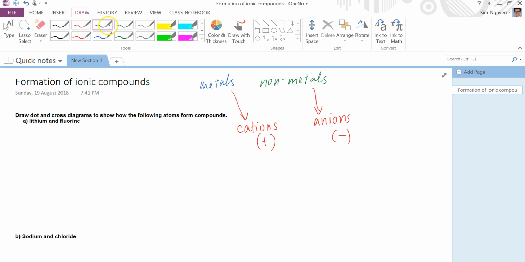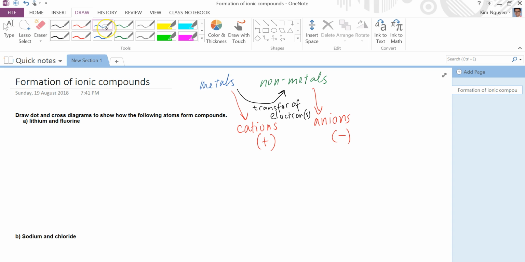And the transfer of electrons occurs from the metal to the non-metal. So it might be more than one electron, or it might just be one electron.